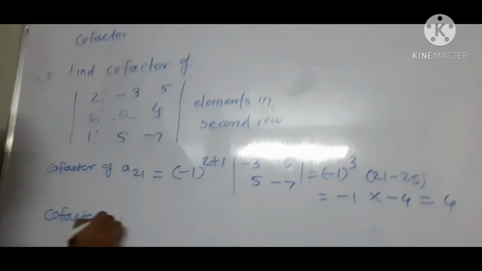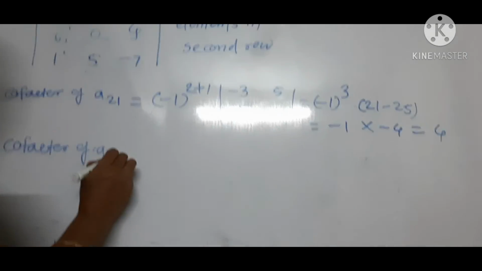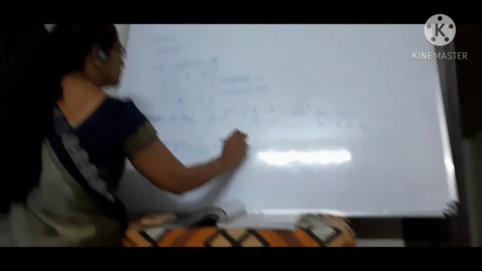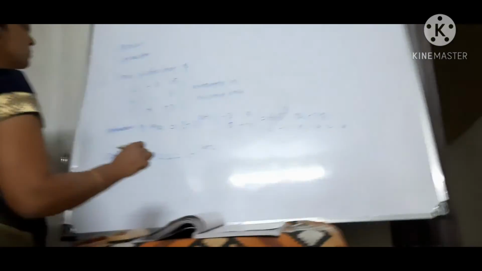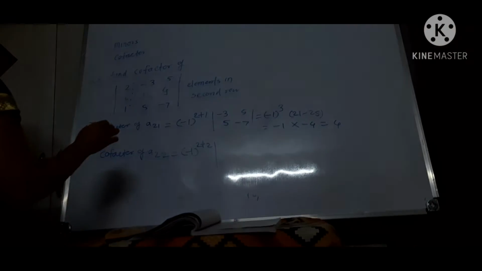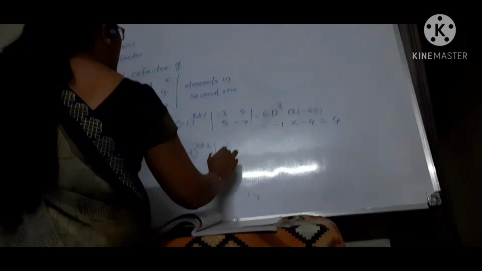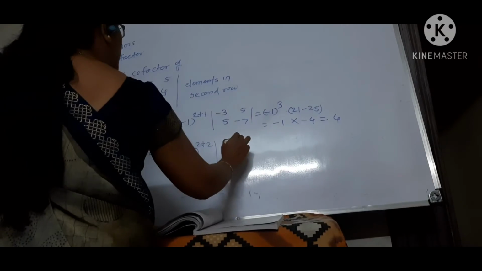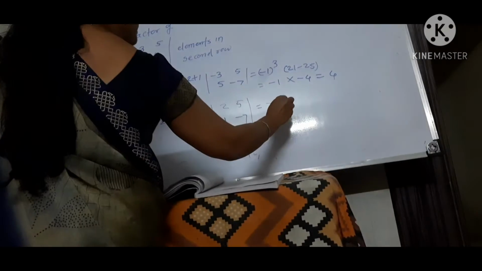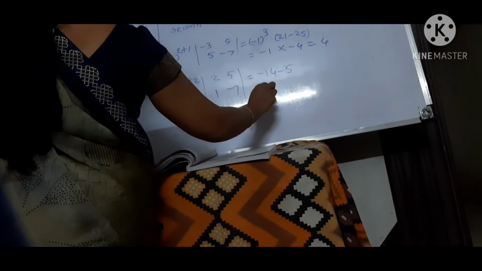Similarly, we can find cofactor of A22. Cofactor of A22, minus 1 raised to 2 plus 2. Second row, second column. Eliminating second row, second column, we get the elements 2, 1, 5, minus 7. So this is equal to minus 14 minus 5, which is minus 19.